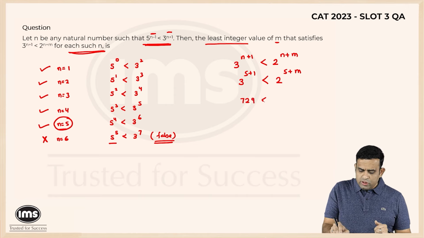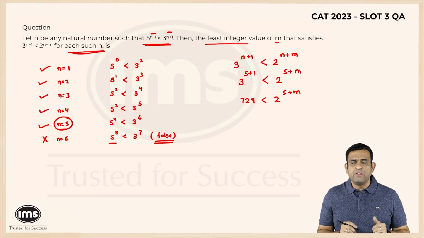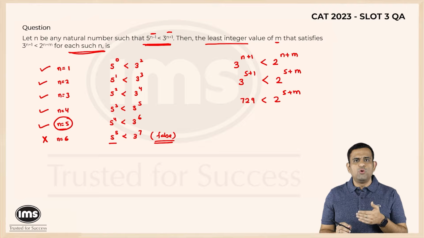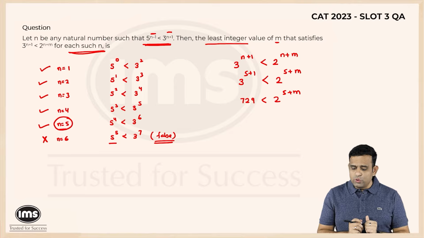So I want 2 power something to be more than 729. If you know the powers of 2: 2, 4, 8, 16, 32, 64, 128, 256, 512 and then 1024.